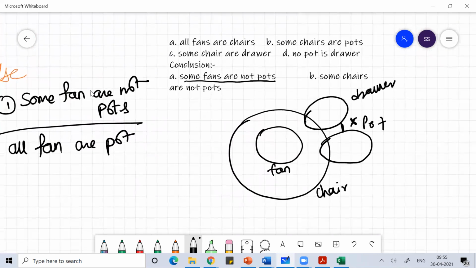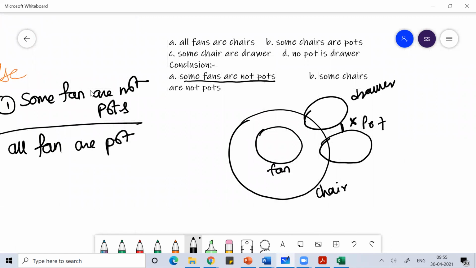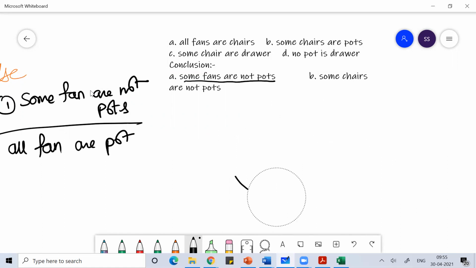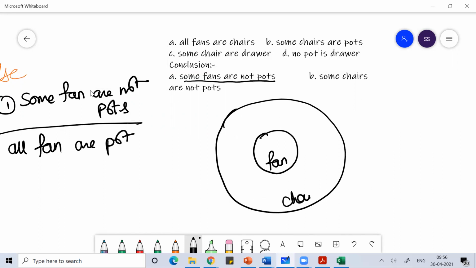So you know that all fan are chair. Then some chair are pot.